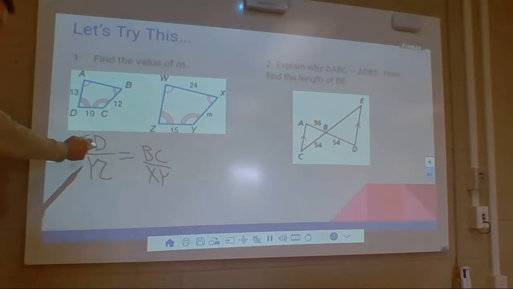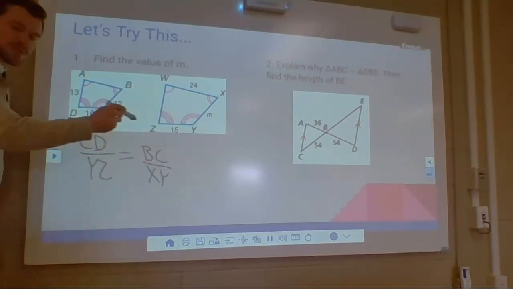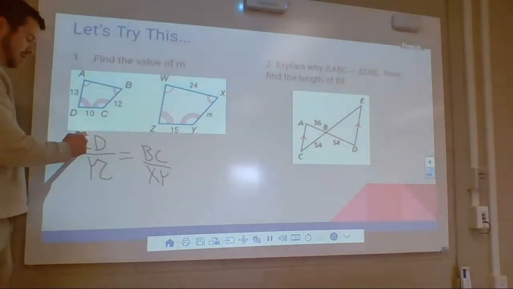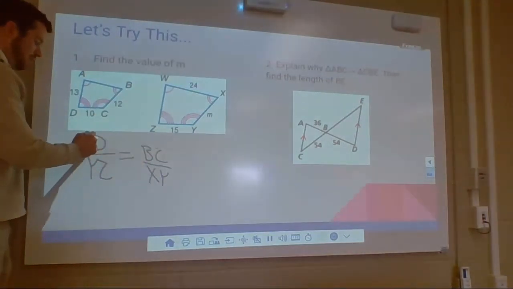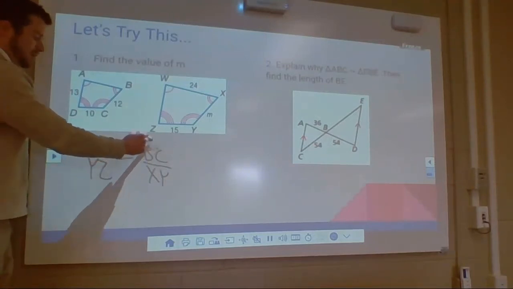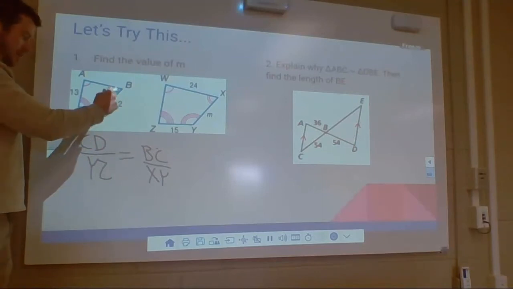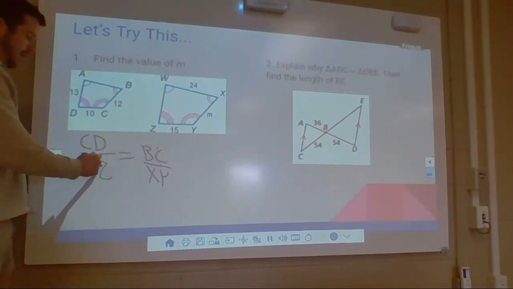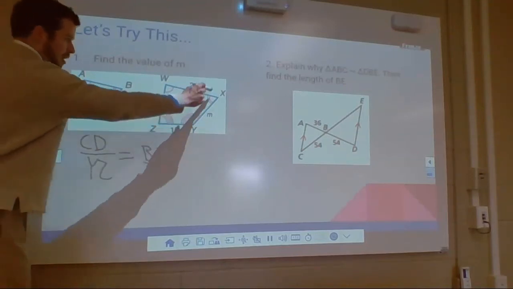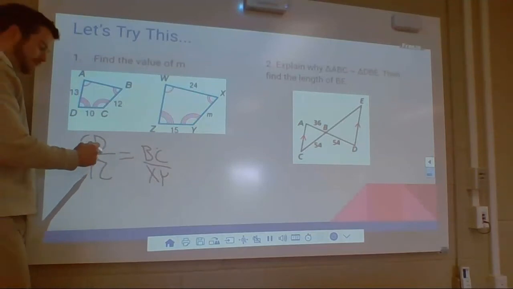So we can say this, CD over YZ will equal BC over XY. Something you need to pay close attention to is that if you're going to have CD in the numerator, you need to have BC in the numerator as well, since they are on the same polygon. CD and BC are on the same polygon. And then YZ and XY, they're on the same polygon, right? So we're putting them both in the denominator, okay?